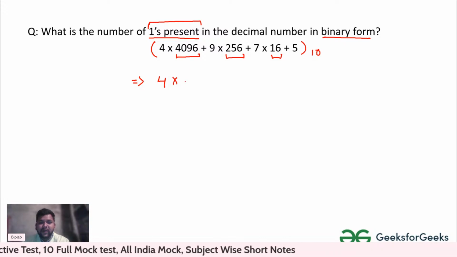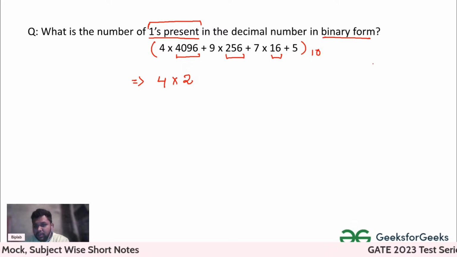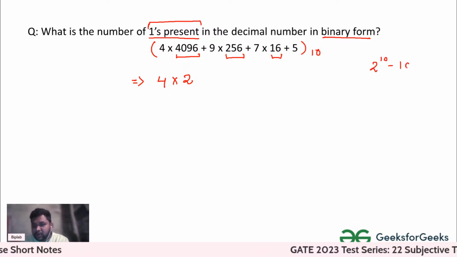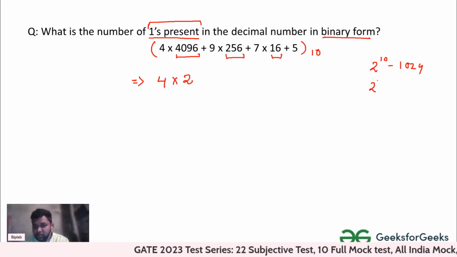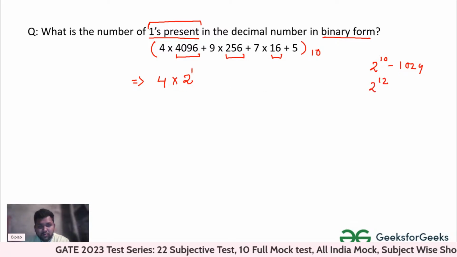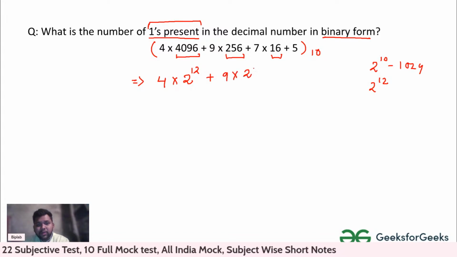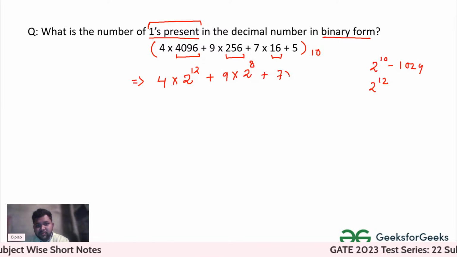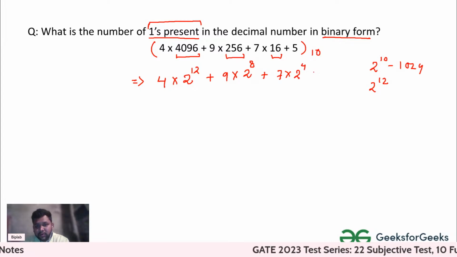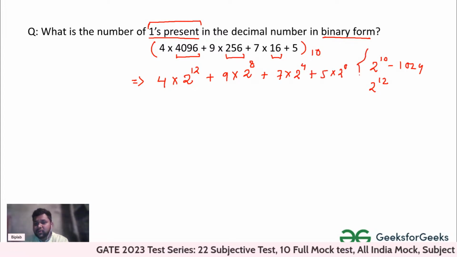So you just find out which power this is. 2 to the power 10 is 1024 and multiplied by 4 is 2 to the power 12. So 2 to the power 12 plus 9 into 2 to the power 8 plus 7 into 2 to the power 4 plus 5 into 2 to the power 0.